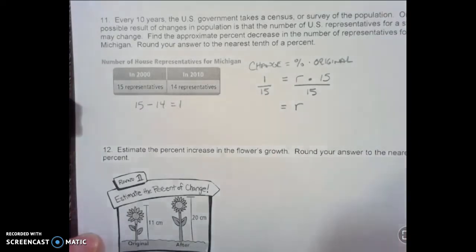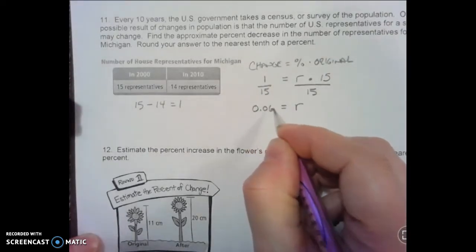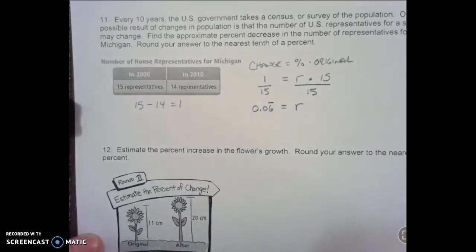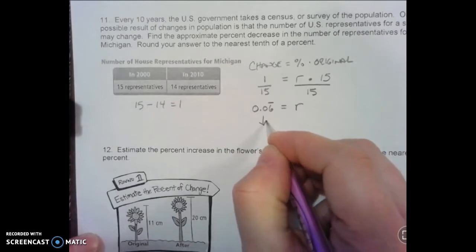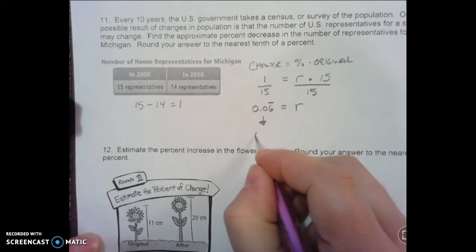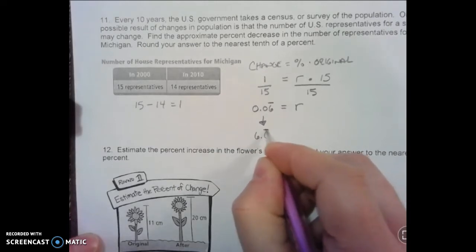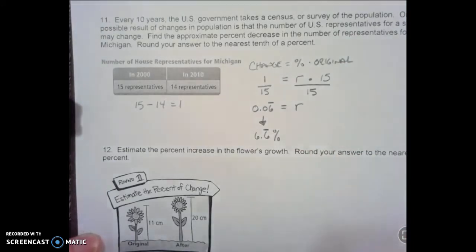1 divided by 15, if you punch that into your calculator, you get 0.06, with the 6 repeating. But that's our rate in decimal form. We now need to convert that into a percentage. So that's going to become 6.6 repeated as a percentage.